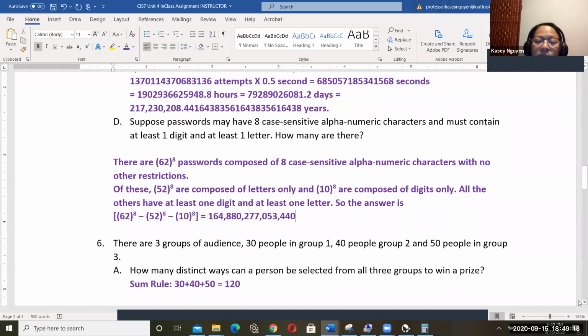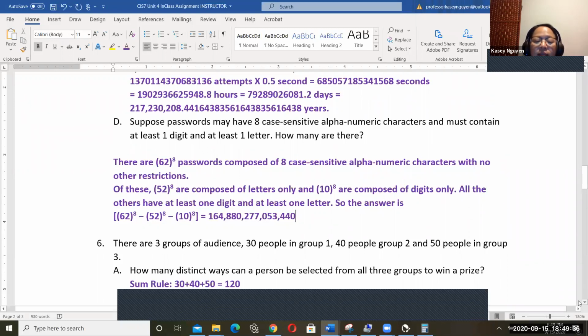There are 3 groups of audience, 30 people in group 1, 40 people in group 2, and 50 people in group 3. How many distinct ways can a person be selected from all 3 groups to win a prize? So we would do a sum rule here.